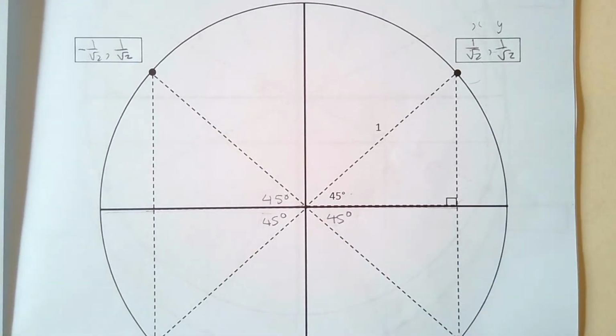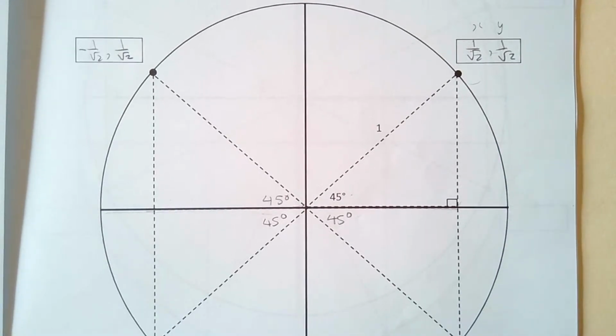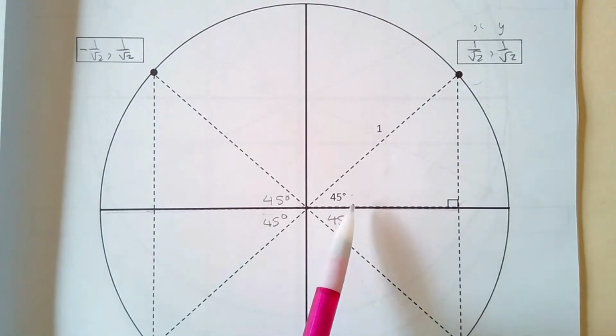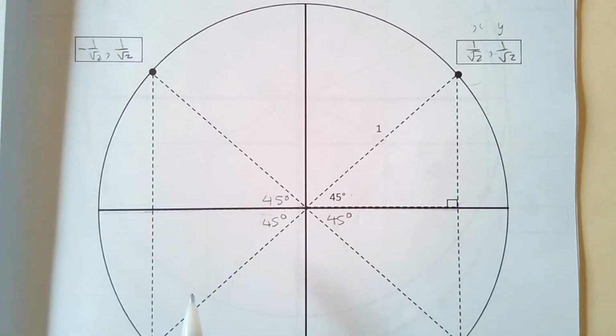Now on quadrant 4, 45 degrees, the x is positive, so 1 over root 2, and the y is negative 1 over root 2. So I can discover any one of these reference angles or related angles.